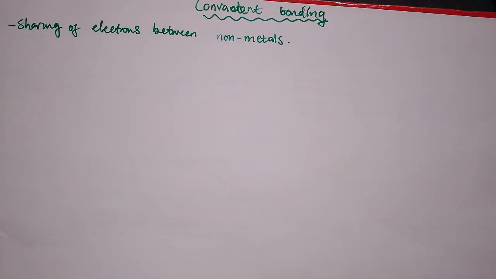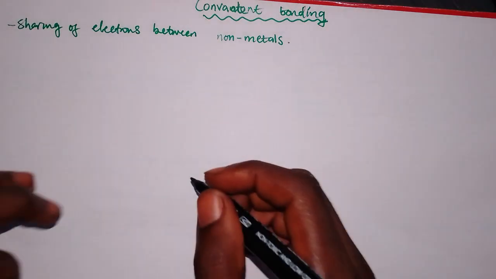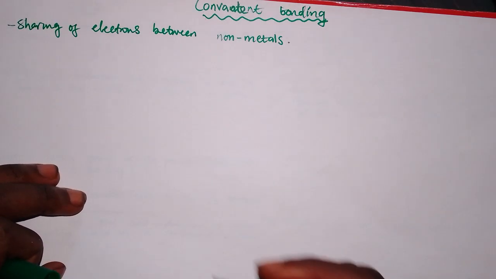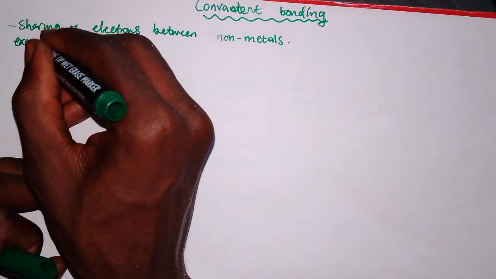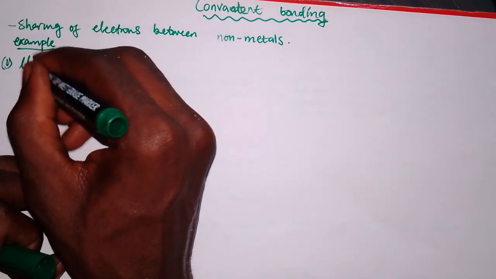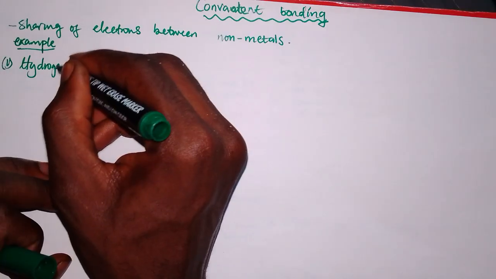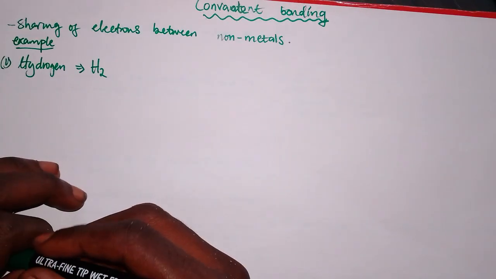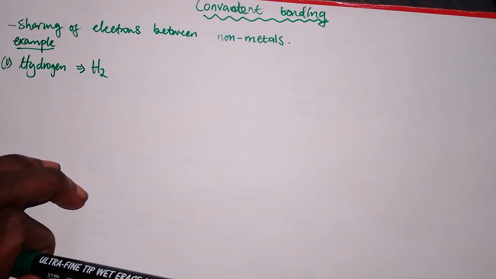So now that you have understood what covalent bonding is, we are going to look at some examples formed from covalent bonding. The first example is hydrogen. Most of you are wondering, hydrogen, isn't it an atom? Yes, hydrogen is an atom, but it exists as a molecule. Why do we say so? Because hydrogen alone is unstable.